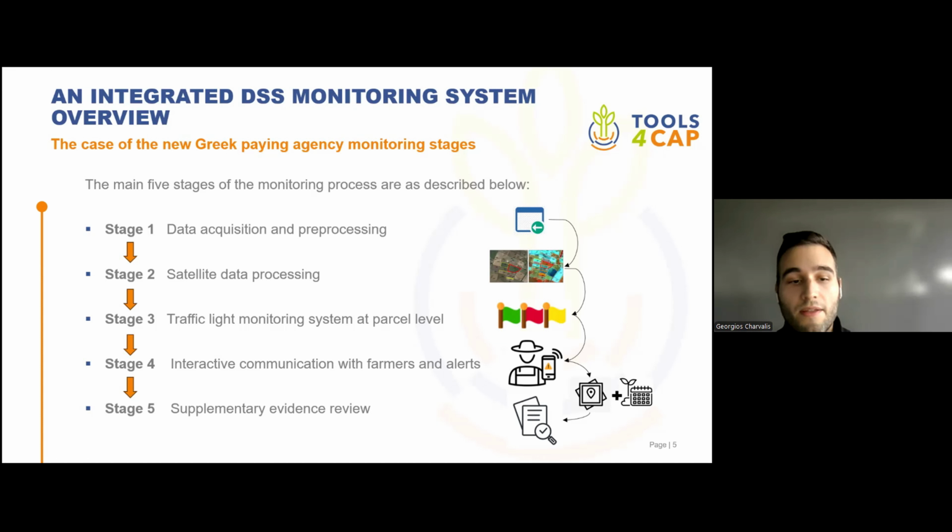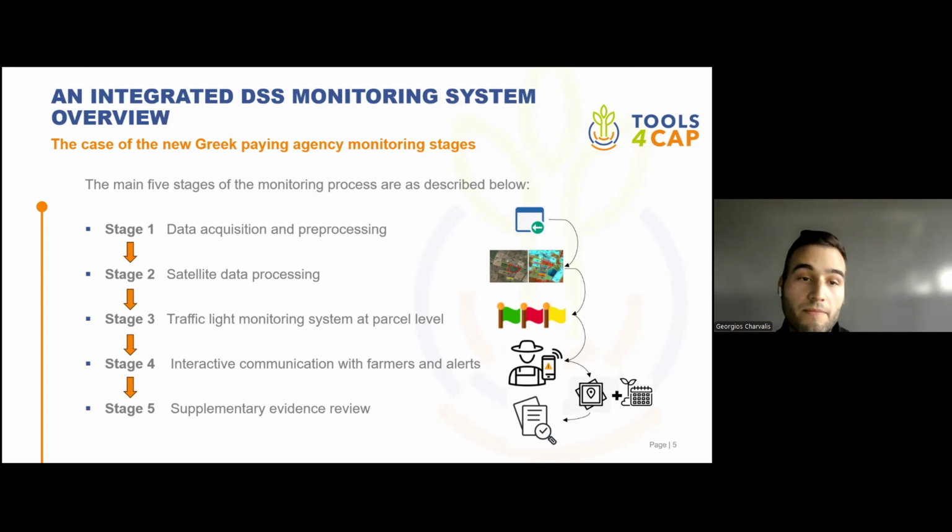The interesting part is that through these stages, I will explain to you that stage number 4 is the most interesting one. In the beginning, we have the data acquisition and pre-processing stage, which is essentially processing declarations and making the first evaluation, which is mostly eligibility checks.